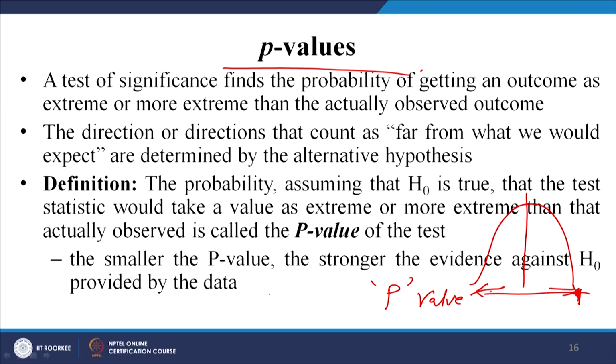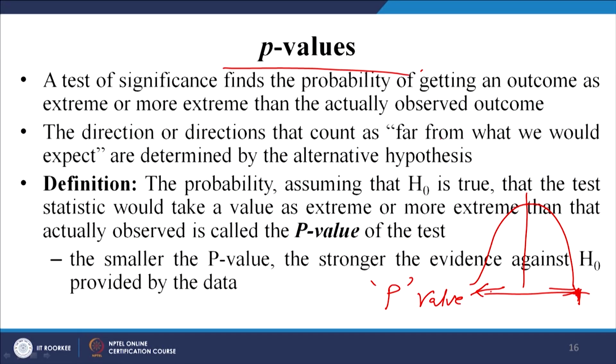Let us look at it again. The probability of getting an outcome at the extreme ends: if it is high, we will accept the null hypothesis, but if the probability of getting the value at the extreme end is very low, then we will reject the null hypothesis.